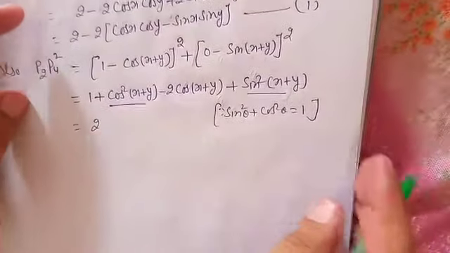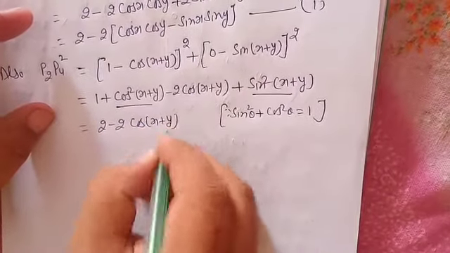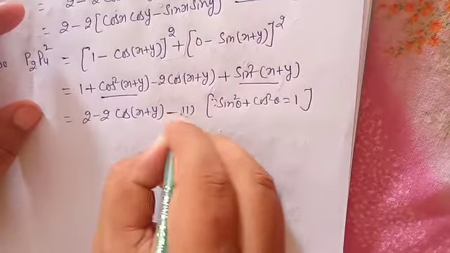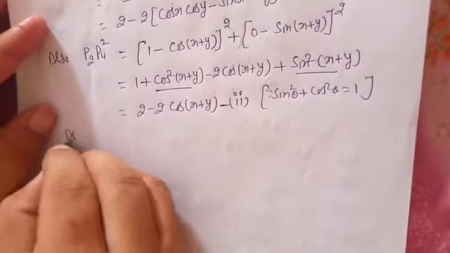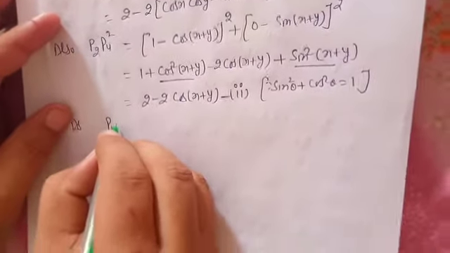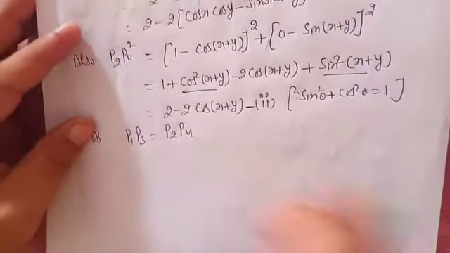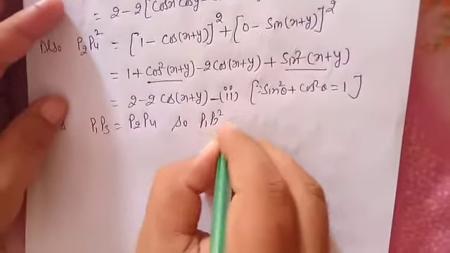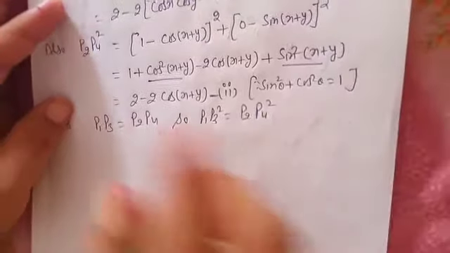Right or wrong? Minus 2 cos of x plus y. This is your second. So put value, both are equal. As we know, P1P3 equals P2P4, so P1P3 square is equal to P2P4 square, definitely.